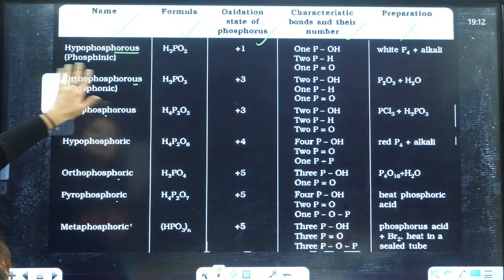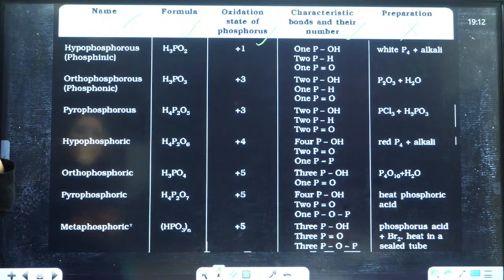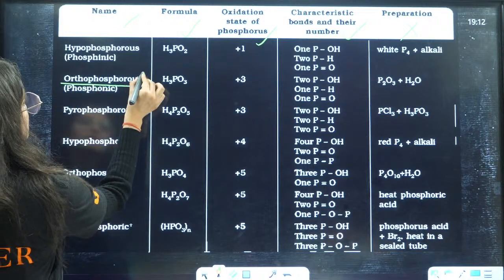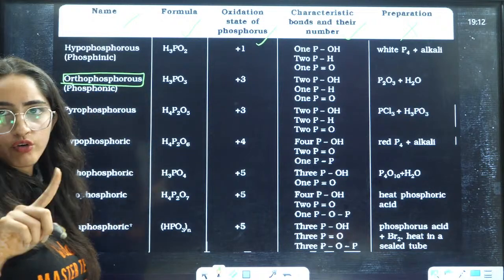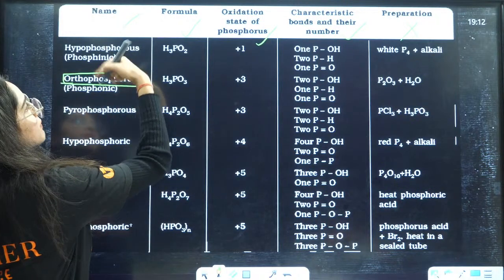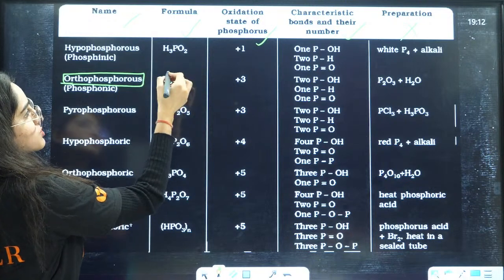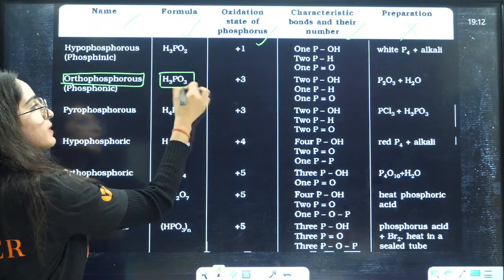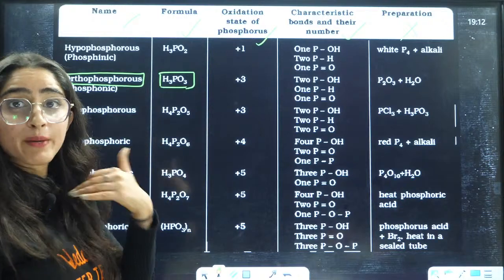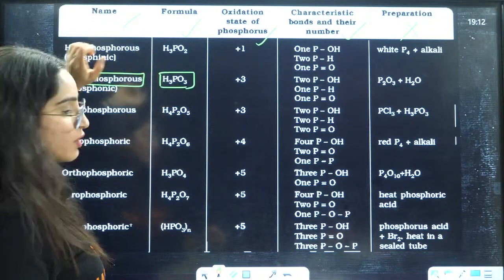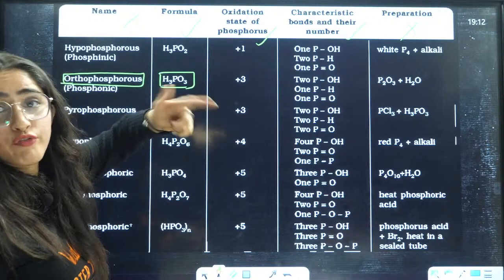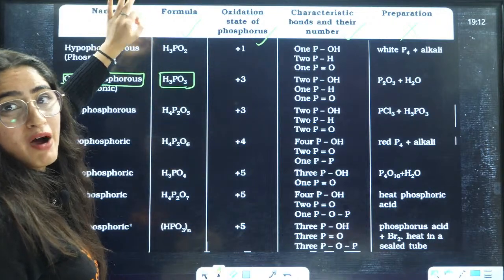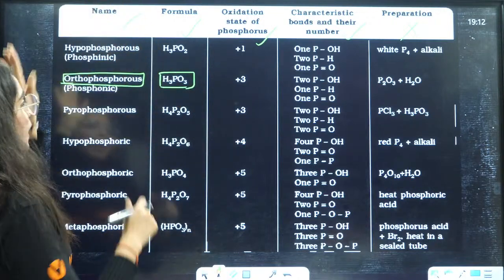As you can see here, let us talk about orthophosphorus. If you remember the formula of orthophosphorus, hypo will be one less than that, one less oxygen.